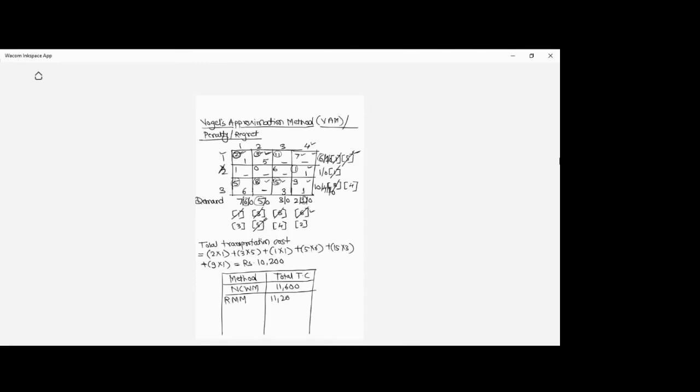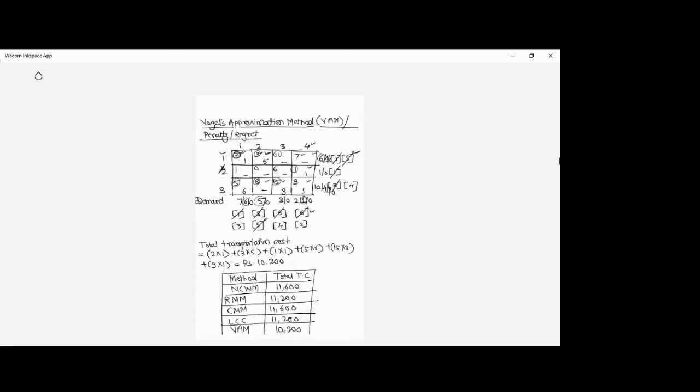It came out to be 11,200. For the column minima method we did, and it came out to be 11,600. For the least cost cell we did, and for least cost cell we got the value as 11,200, and for VAM that we did, we got the value as 10,200.